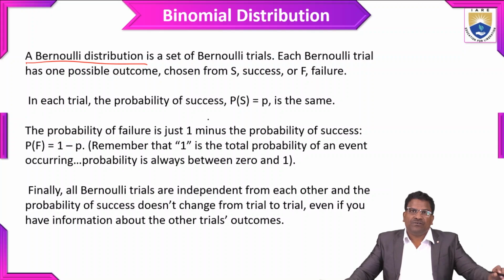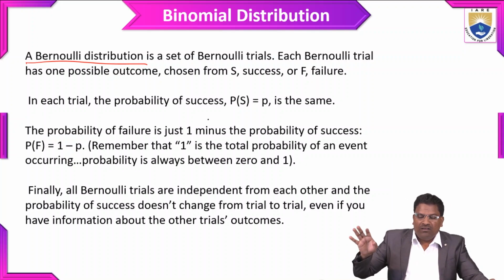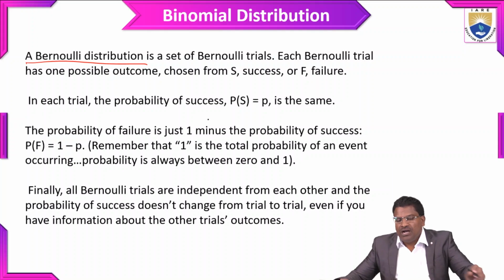The probability of failure is just 1 minus the probability of success. So, P of F is equal to 1 minus P. Remember that 1 is the total probability of an event occurring. Probability is always between 0 and 1.